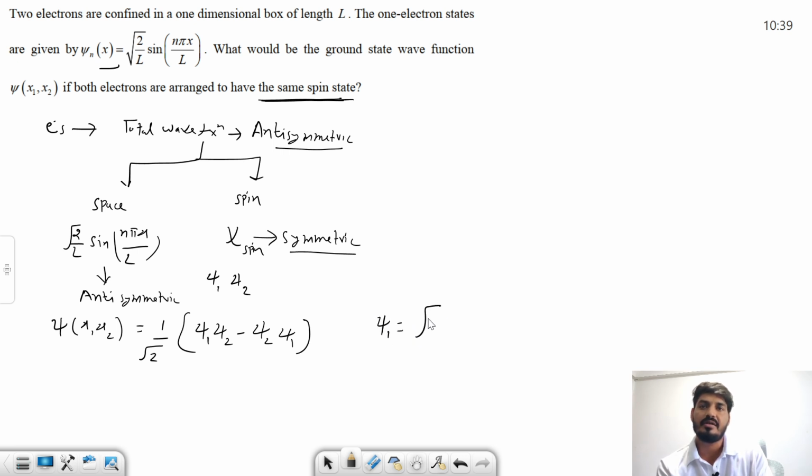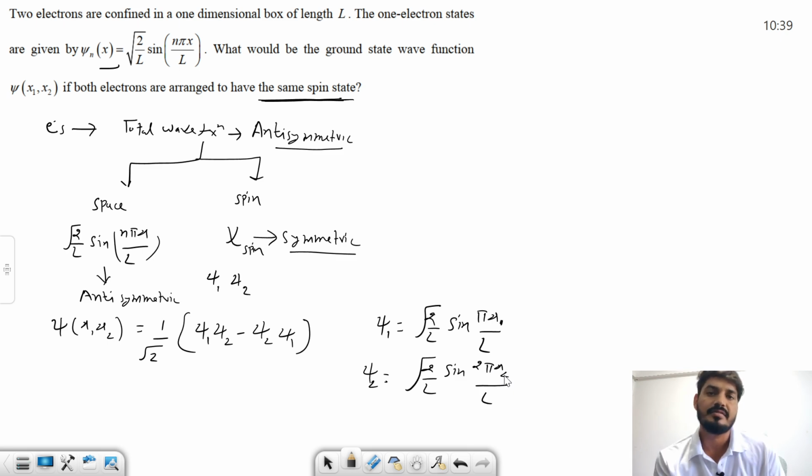ठीक है, psi1, psi2 की आप वैल्यू पुट कर सकते हो. psi1 क्या होगा? √2/L sin πx/L. एक को ग्राउंड स्टेट में रखेंगे. psi2 के लिए हम क्या यूज कर सकते हैं? यहां x1 लिख सकता हूं मैं. ठीक है, sin 2πx2/L. ठीक है, एक फर्स्ट स्टेट में होगा, एक सेकंड स्टेट में होगा, क्योंकि दोनों इलेक्ट्रॉन एक स्टेट में नहीं रह सकते. n = 1 में रहेगा तो एक n = 2 में रहेगा.